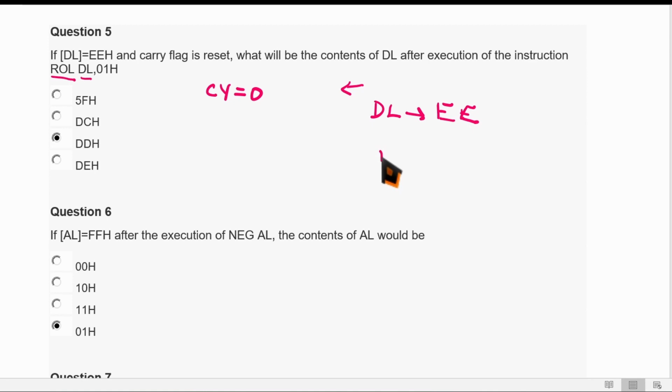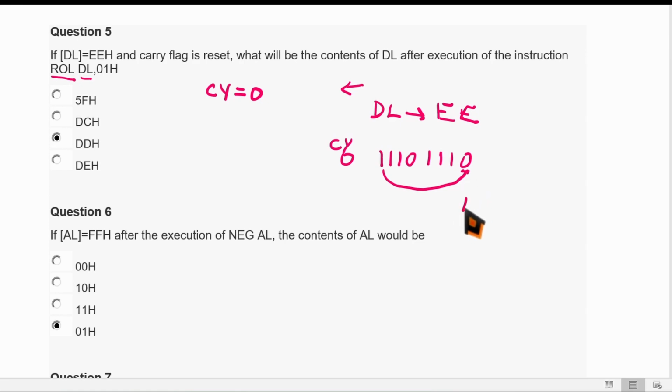E means 8 plus 4, 12, plus 2, 14. E is 14, so here also 1, 1, 1, 0. Now the carry flag will be here. When you rotate left, this will come here.